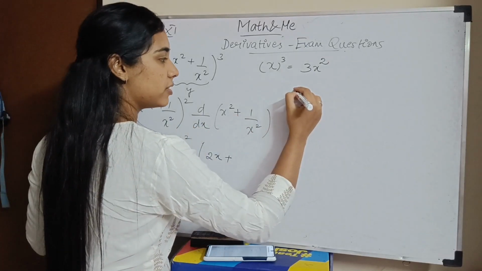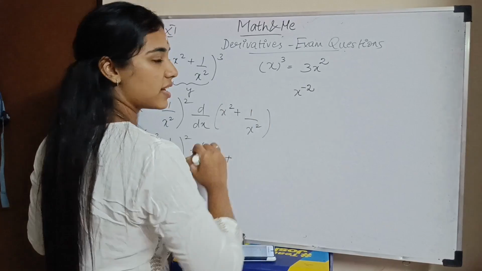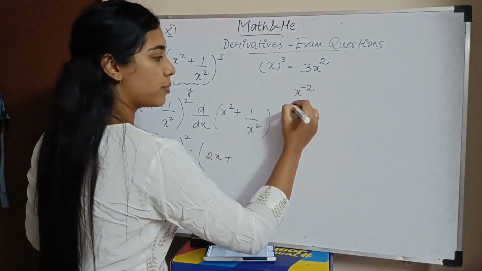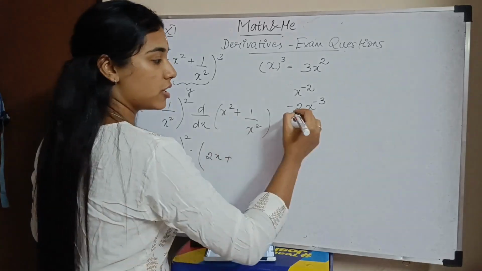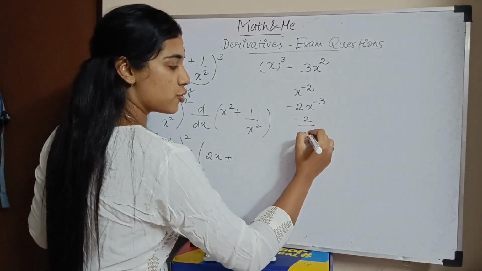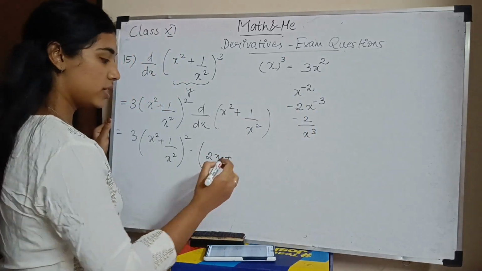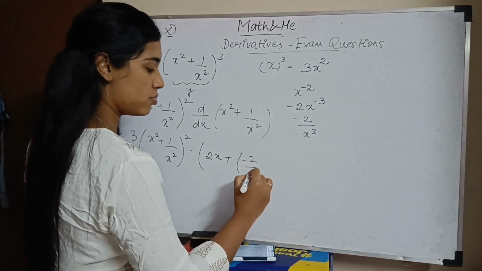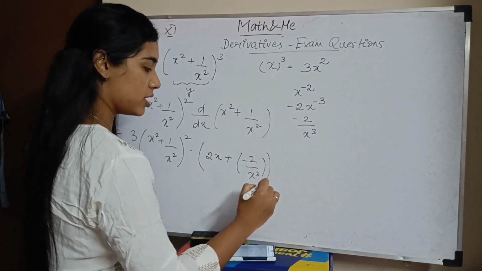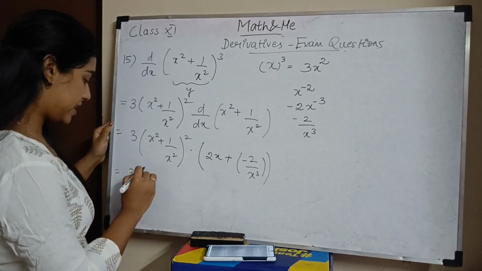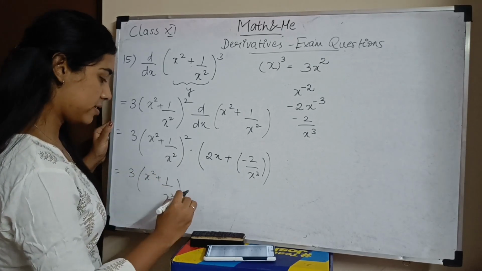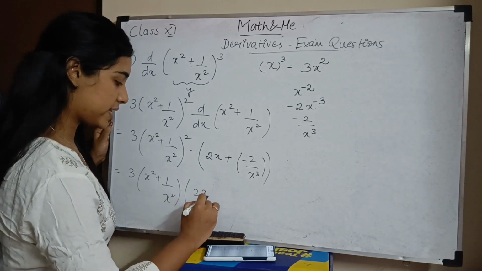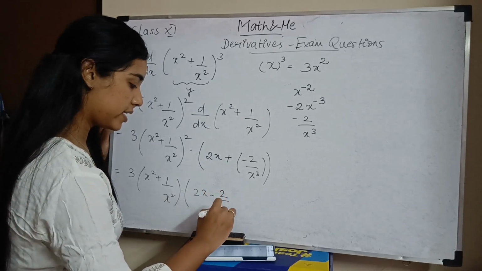When you have 1 by x square, which is nothing but x to the minus 2, you bring the power down and the power gets reduced by 1. So what are you left with? Minus 2 divided by x cube. So what is your final answer? 3 times (x square plus 1 by x square) the whole square times (2x minus 2 by x cube).